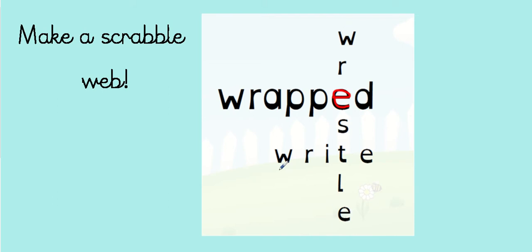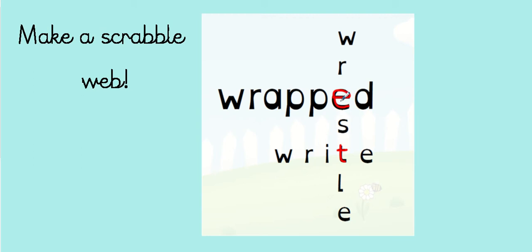Okay? Then I've written the word right across here, and I've used the T from my word wrestle. So again, it's crossed over, hasn't it? I've left a space here because these are two separate words, but I've actually written wrapped and right and wrestle, and they're sharing some of the letters, aren't they?